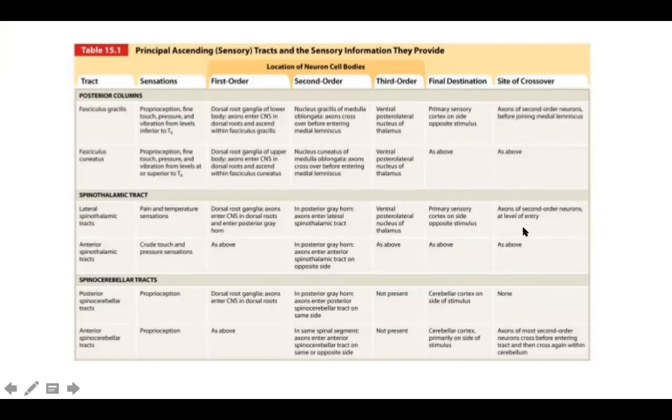So some of them cross over at the specific spinal level. So this one, the second order neurons cross over at the level of entry. And this one with the fasciculus gracilis crosses over in the medulla before joining the medial lemniscus. Okay, so you can look through that, and it gives you an all-in-one chart to compare and contrast the different sensory tracks.